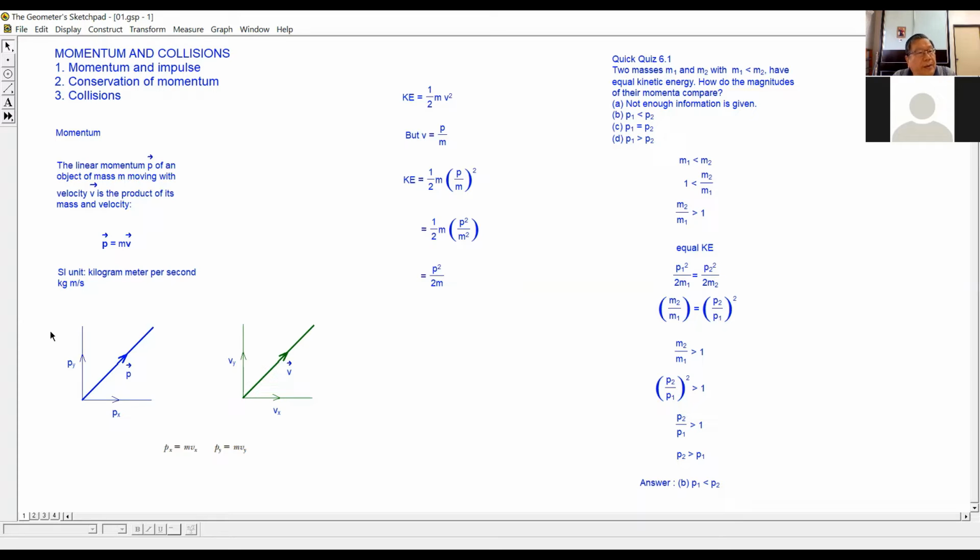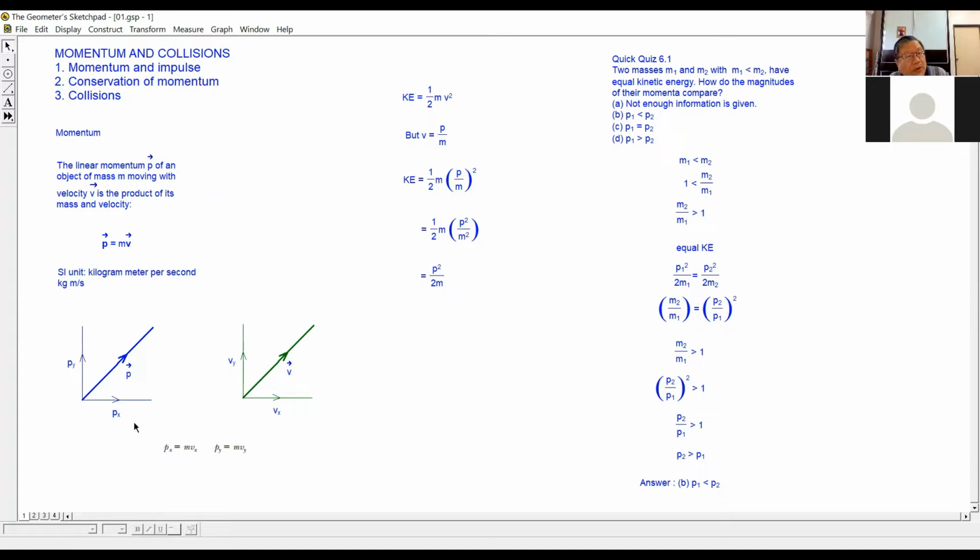Okay. Now, this momentum is like our velocity. If the velocity can be resolved into its components, the velocity can be resolved into the vertical component and the horizontal component. This momentum, which is also a vector quantity, can also be resolved into two components.